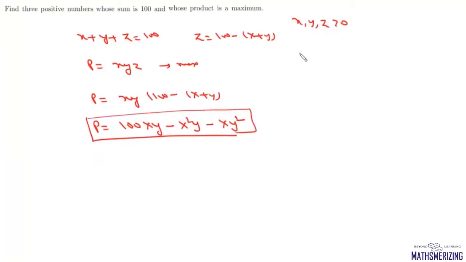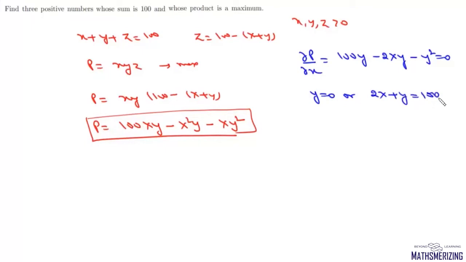So we'll find del P upon del x, and it'll be 100y minus 2xy minus y square equals 0. So we'll get either y as 0 or 2x plus y as 100. Now since x, y, z are positive, we won't consider y equals 0.